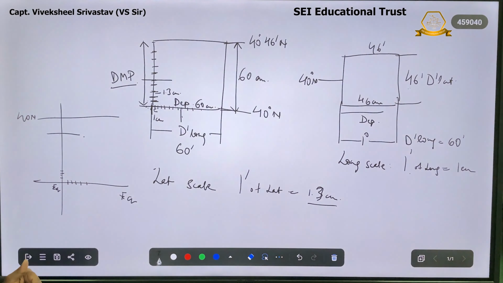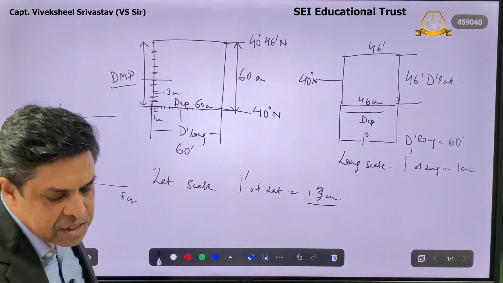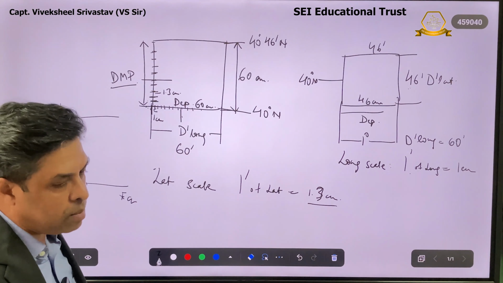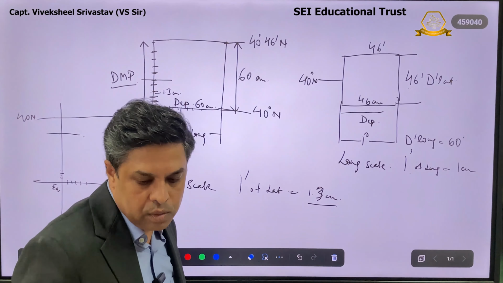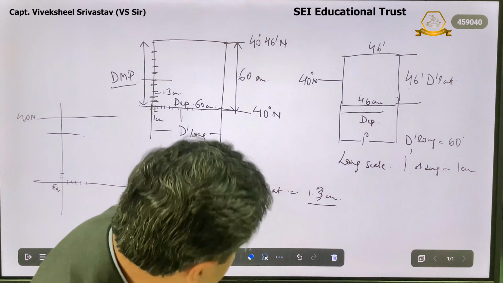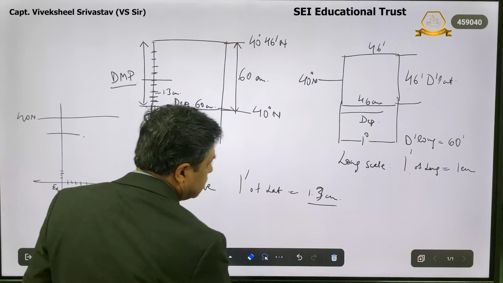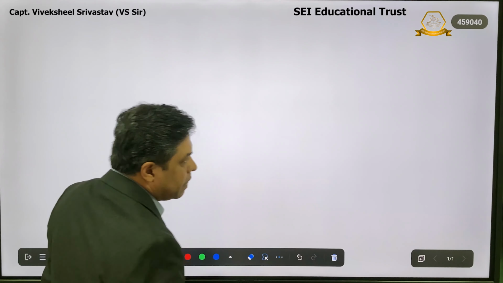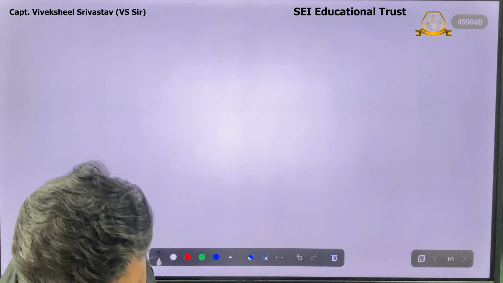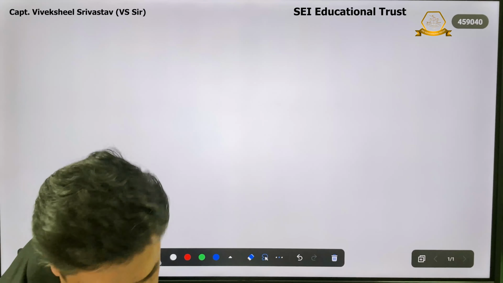Alright. So let's address a question, and then we'll go about explaining how to construct a Mercator chart. Okay, let's see one question.